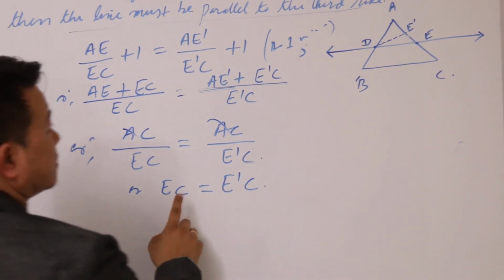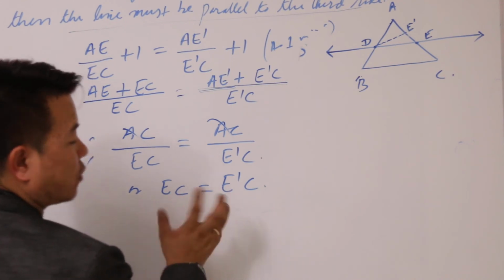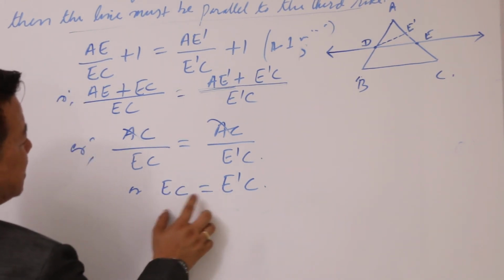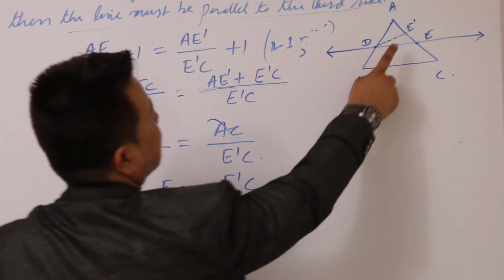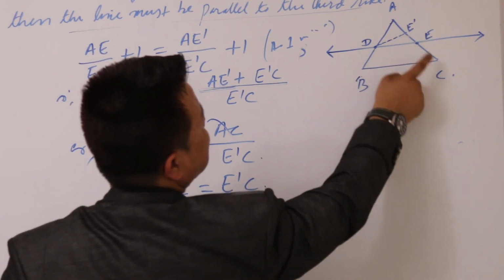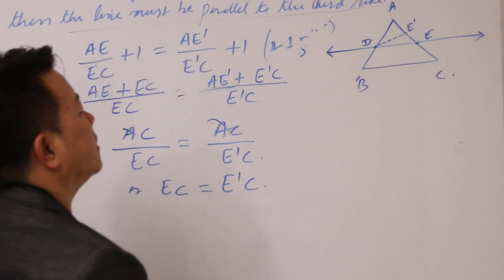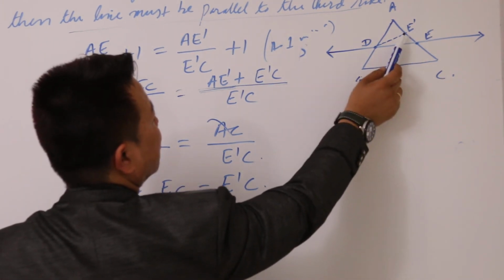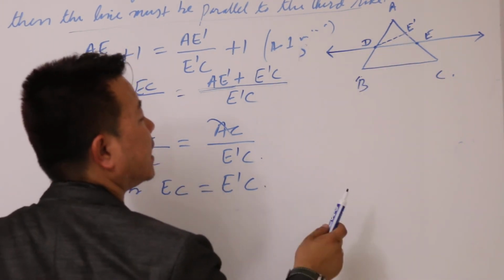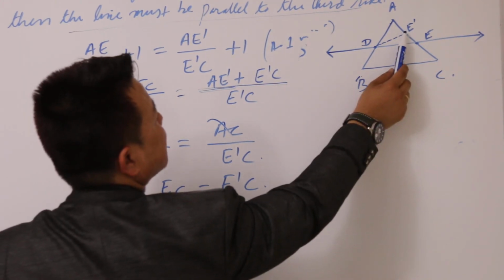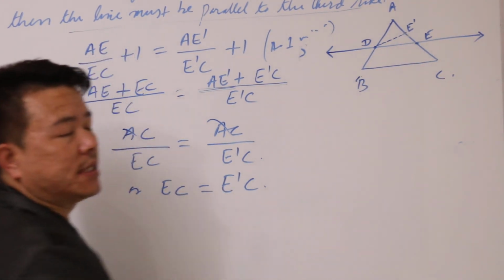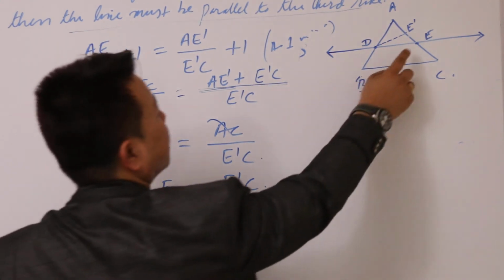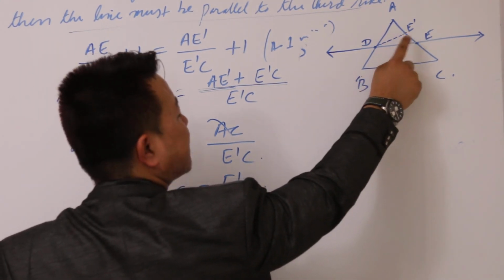Now EC is equal to E'C, this is a bit contradictory. How can it be possible? It is not true. EC cannot be equal to E'C unless E' and E coincide, meaning they lie on the same point.